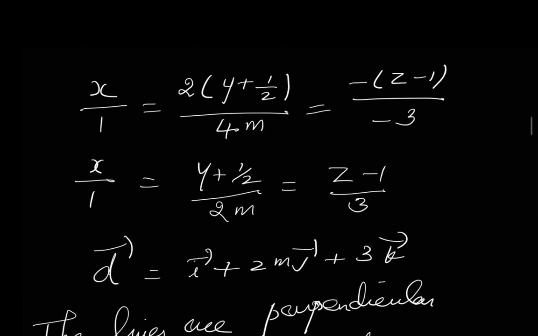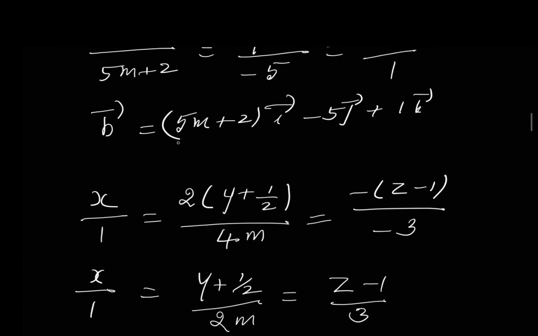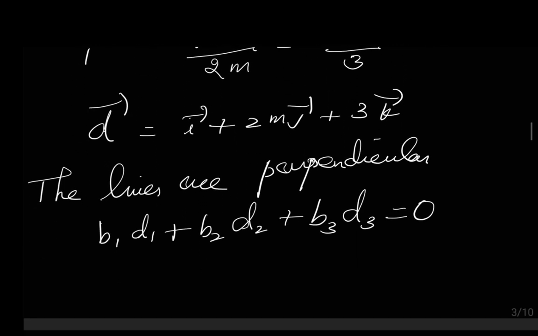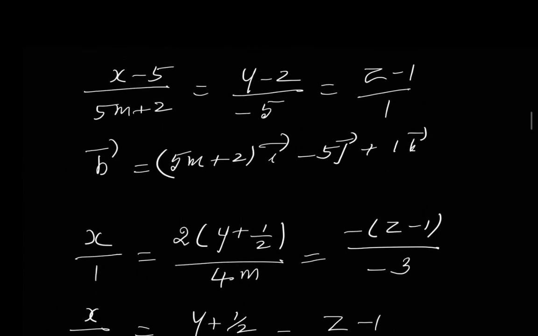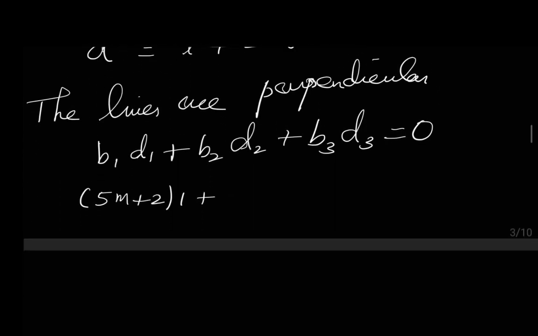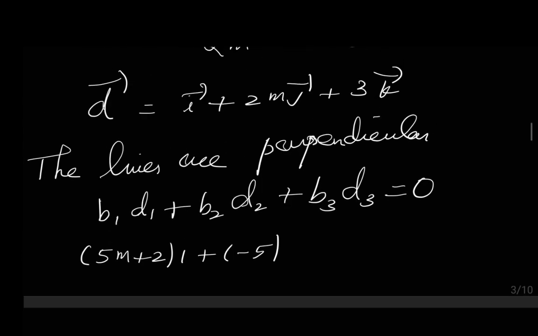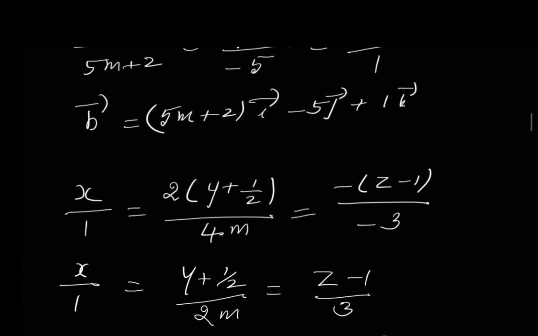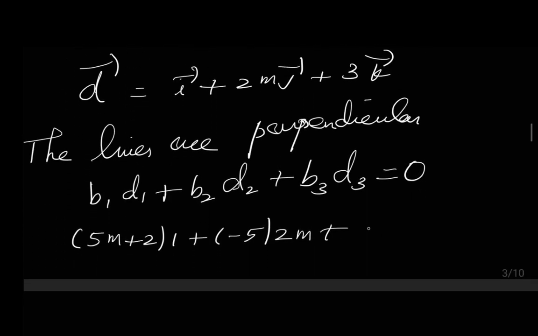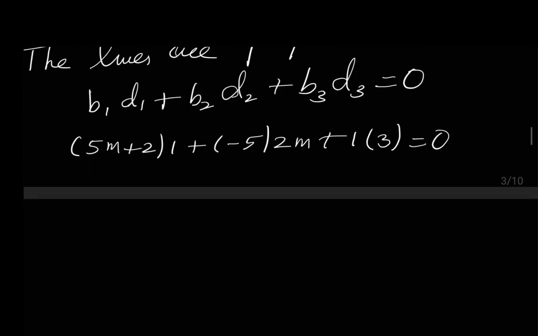So b1 is here 5m plus 2, d1 is 1, plus b2 is here minus 5 into 2m, plus b3 is here 1, so 1 into d3, which is here 3, is equal to 0.